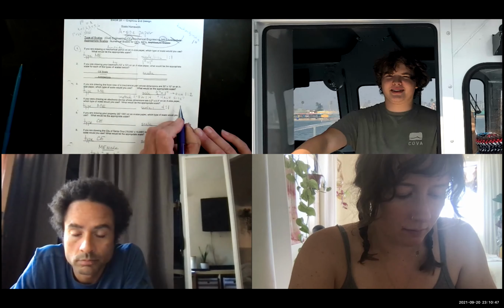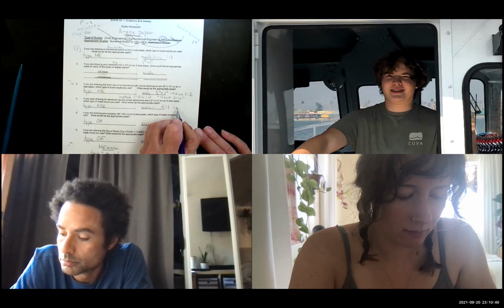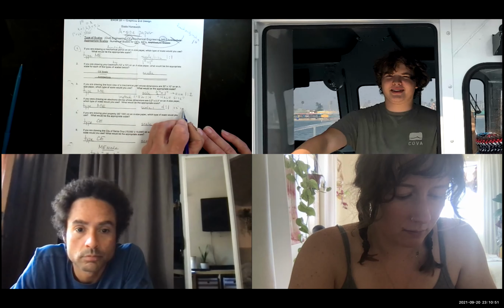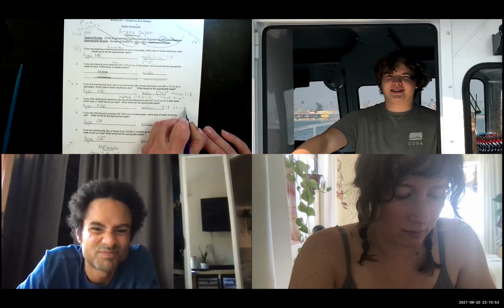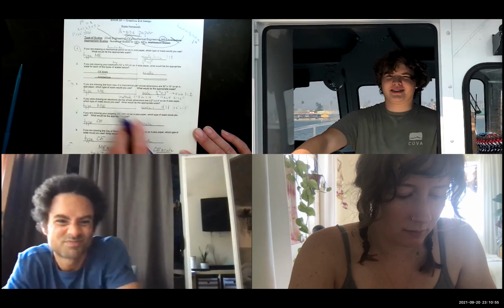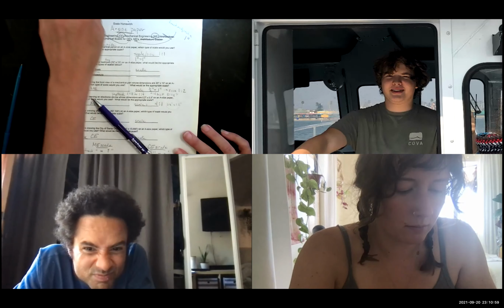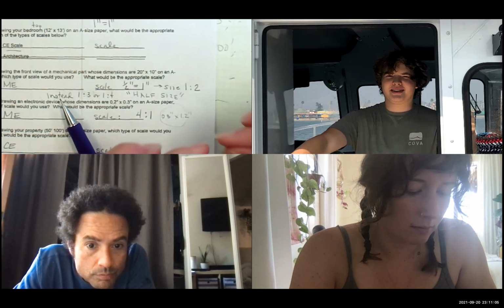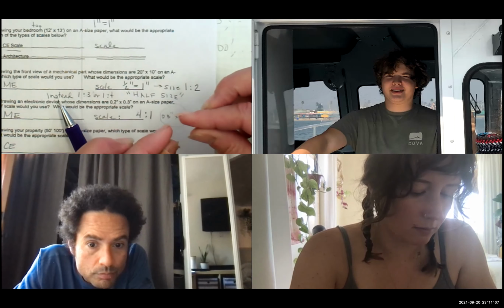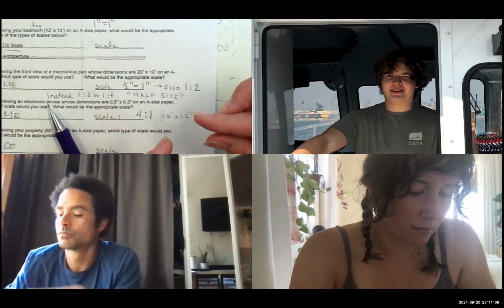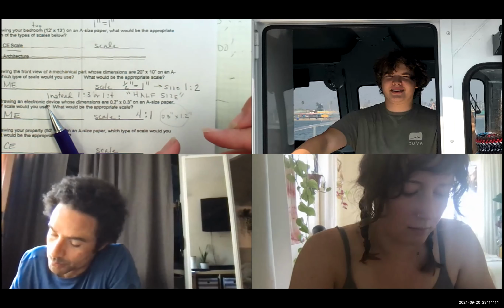Would it be 0.8 by 1.2? Yeah, 0.8 inches by 1.2 inches. That seems still too small. Let me zoom in. 4:1. This part that's really, really tiny is now just a little bit bigger. It seems like it's still too small.